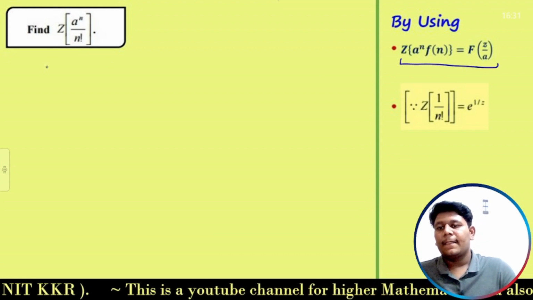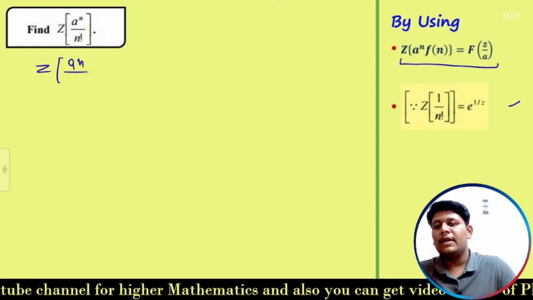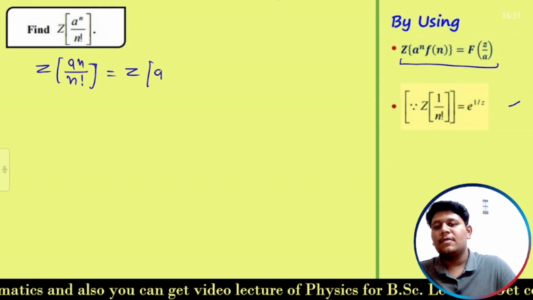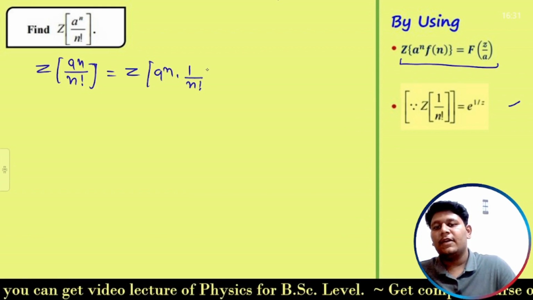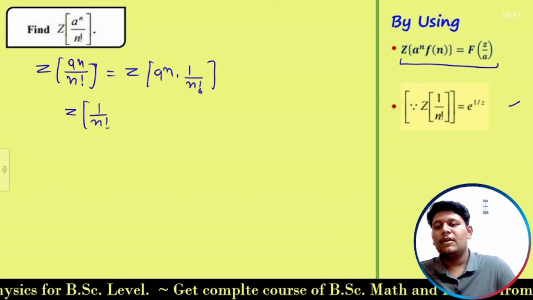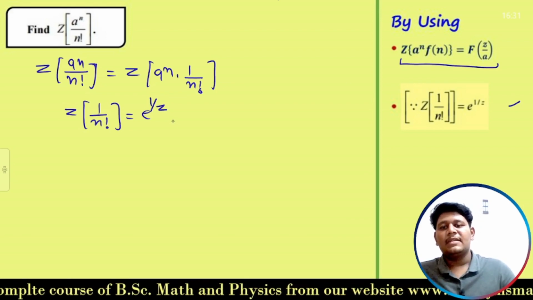First of all, I am calculating this z transformation. It is nothing but the z transform of a to the power n into 1 upon n factorial. Now the z transform of 1 upon n factorial is nothing but e to the power 1 by z.